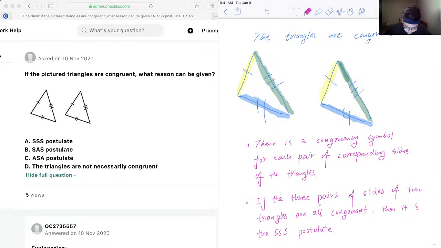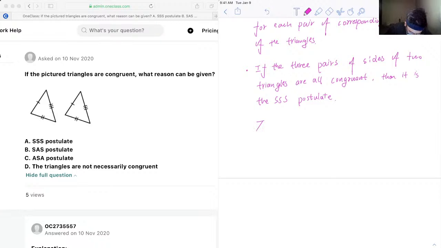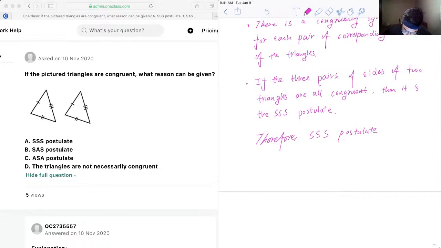And so to write our conclusion: therefore, the SSS postulate is used.